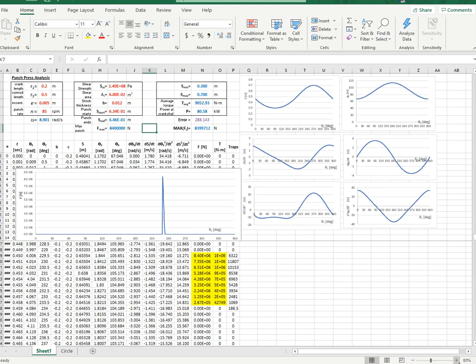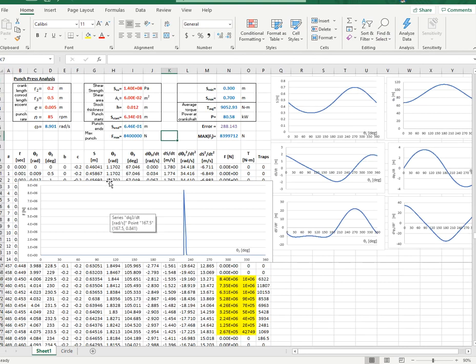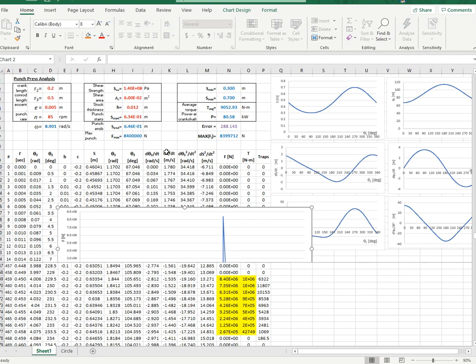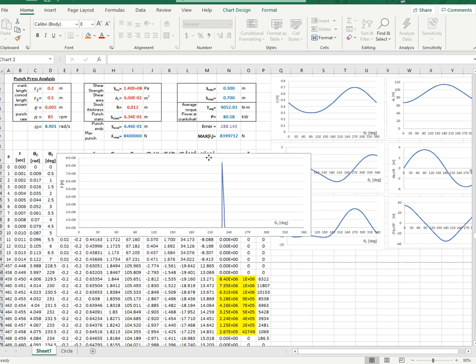What's left in addition to the kinematics is to define this conditional force, the punch force, and the corresponding torque using principle of virtual work, with trapezoids to calculate the area under the torque curve.